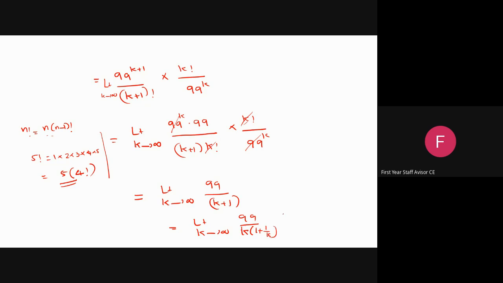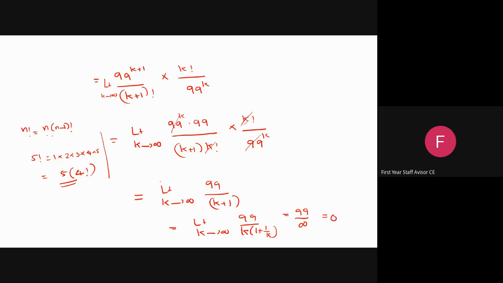So here 99 by k, when k is infinity, that means 0.